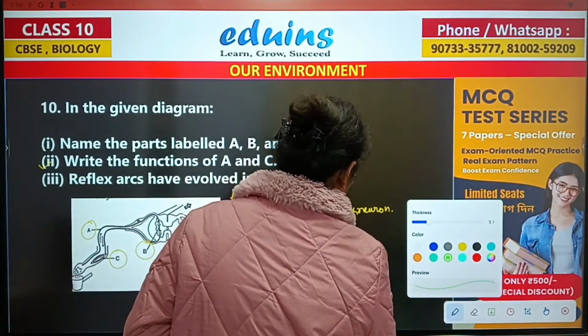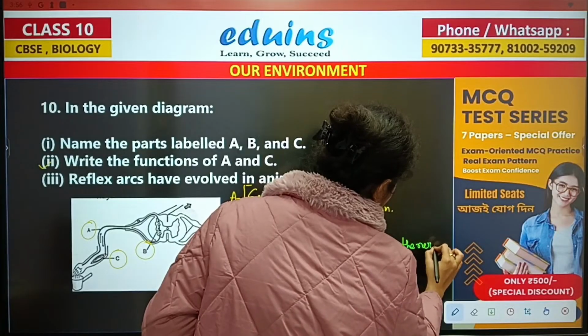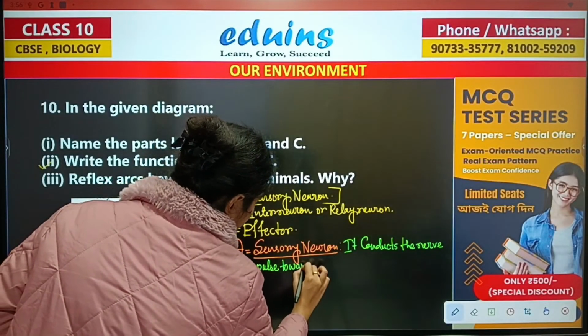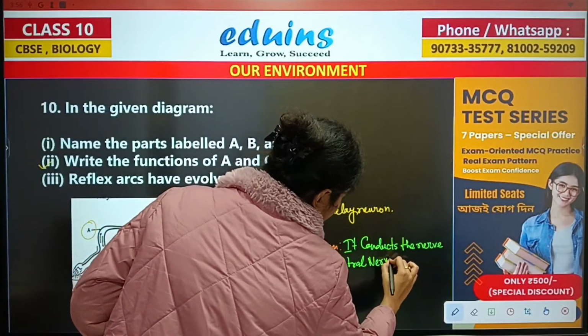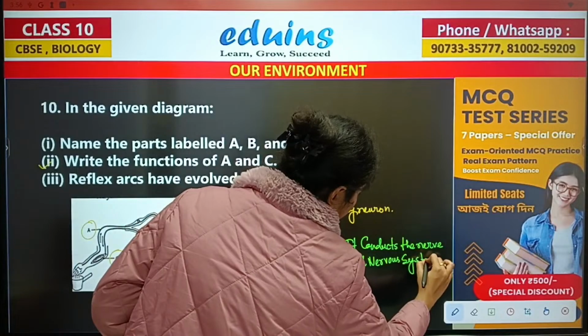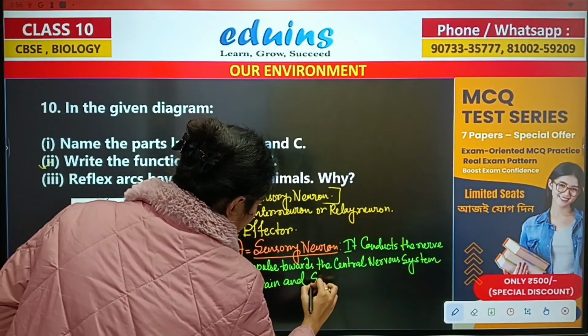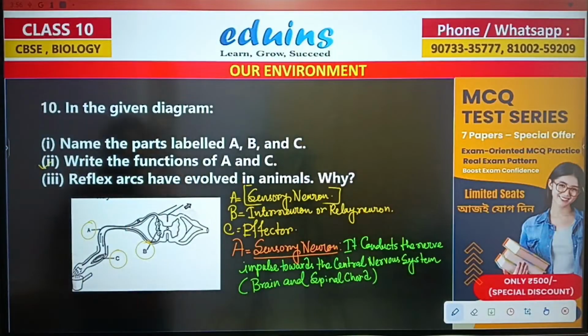It conducts the nerve impulse towards the central nervous system, like brain and spinal cord. The neurons that conduct a nerve impulse towards the central nervous system are called the sensory neurons.